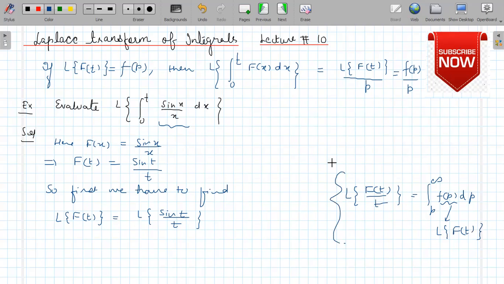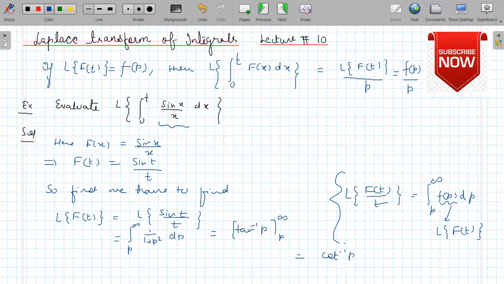So this is equal to integral p to infinity of Laplace of sin t, that is 1 upon 1 plus p square, dp, that is equal to tan inverse p. We apply the limit from p to infinity, and as I have done earlier, the value of this expression comes out to be cot inverse p.